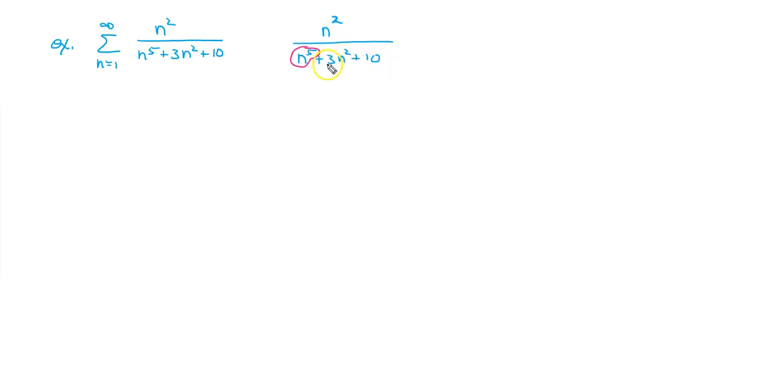So really these two terms don't really matter after a while. They don't really contribute much. So for n sufficiently large, this sequence is behaving like n squared over n to the 5th, which is 1 over n cubed.